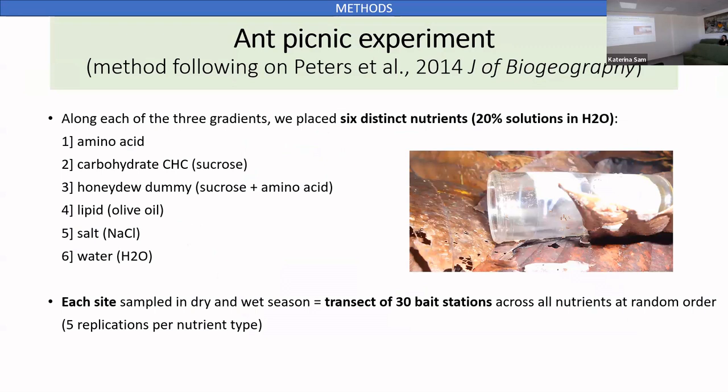The protocol of this ant picnic is that you place on the ground a 50 milliliter tube, which some people know very well from the laboratory, and we put a cotton ball soaked with some nutrient. It's a 20% solution in water of glutamine, an amino acid, sucrose, then a mixture of sucrose and amino acid, which is a kind of honeydew dummy.